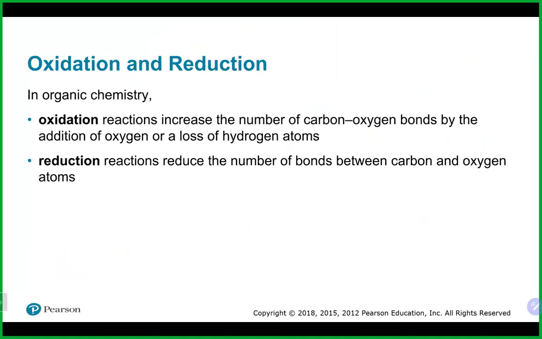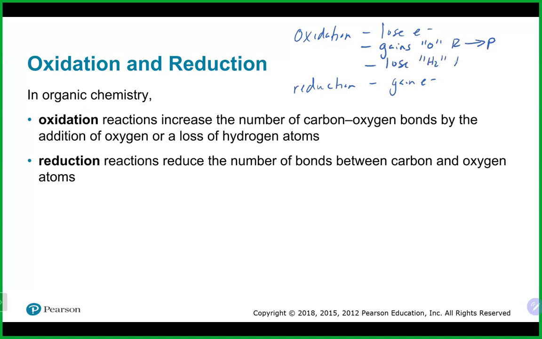So in organic chemistry, a lot of times we deal with the other couple of definitions of oxidation and reduction. Oxidation, as we talked about with electrons, means somebody loses electrons. Reduction means somebody gains electrons. Here in organic chemistry, we actually deal with two other definitions more often. The other two definitions for oxidation are: somebody gains oxygen as you go from reactants to products, or you lose hydrogen as you go from reactants to products.